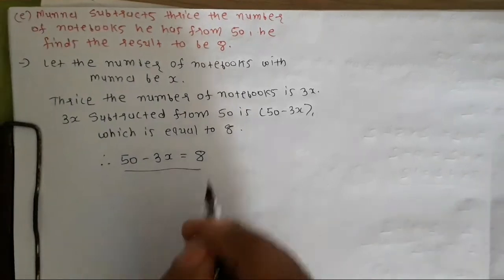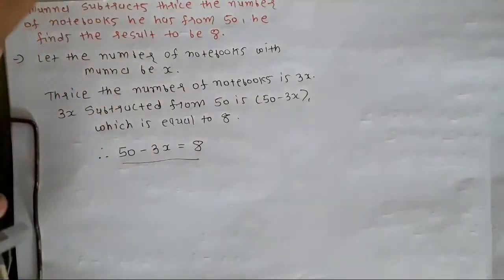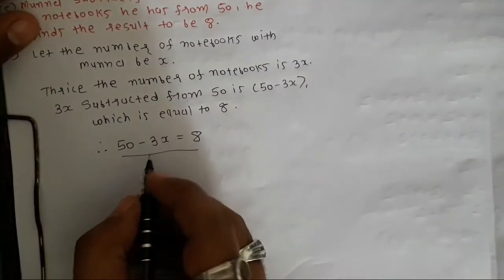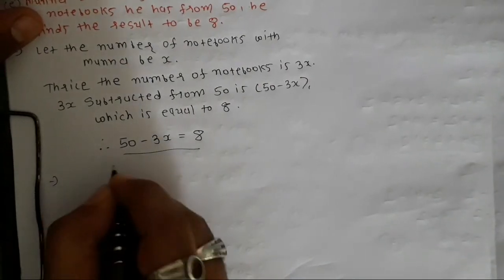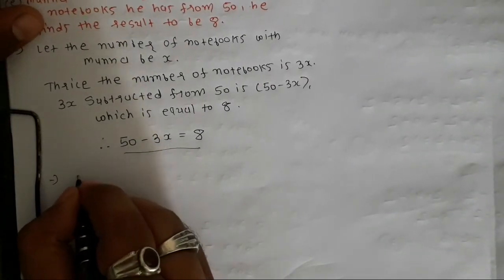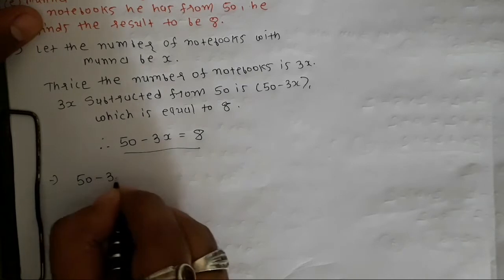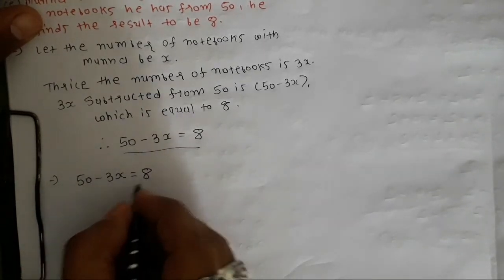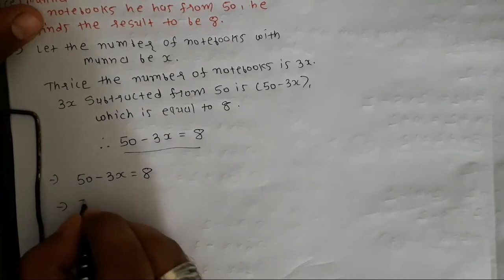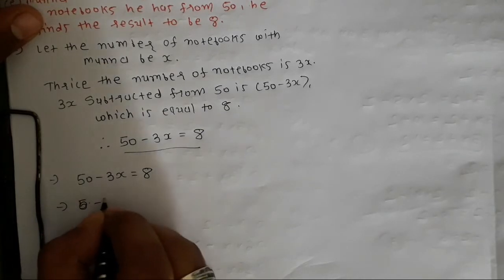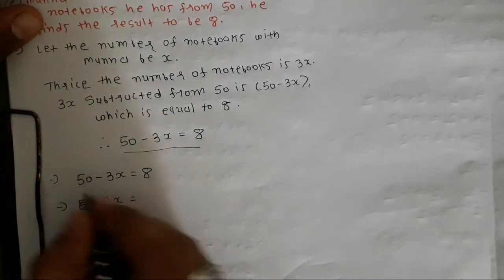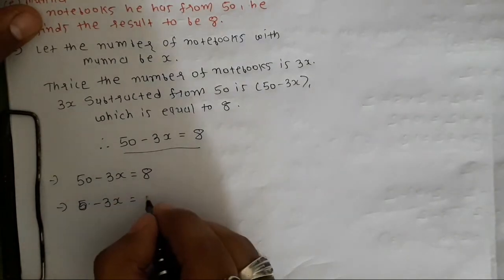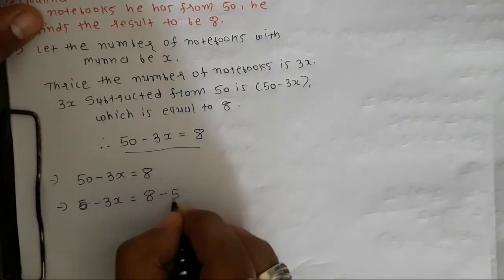Now we have to solve this and find the number of notebooks, or the value of the variable. So 50 minus 3x is equal to 8. Here we have to find the value of x. For that, first of all, we have to remove this 50. When I change the side of this 50, it will become negative.